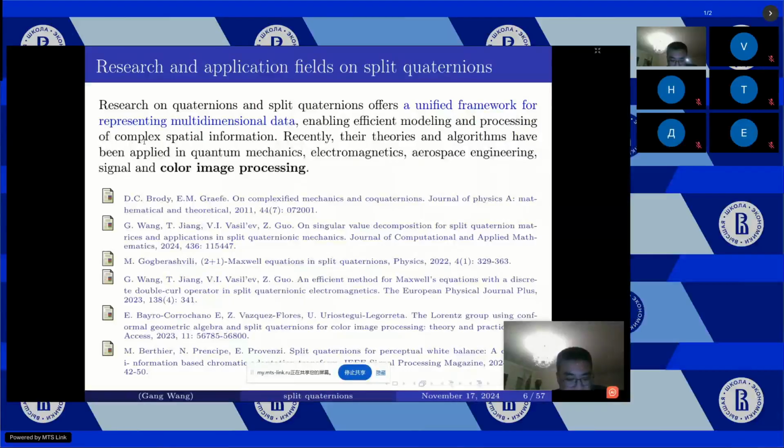Its theoretical foundations and algorithms have recently been applied in various fields, including quantum mechanics, electromagnetics, signal processing, and color image processing. Given the increasing complexity of modern data and the demand for effective tools, further exploration of these mathematical structures is critical for advancing techniques in these areas.